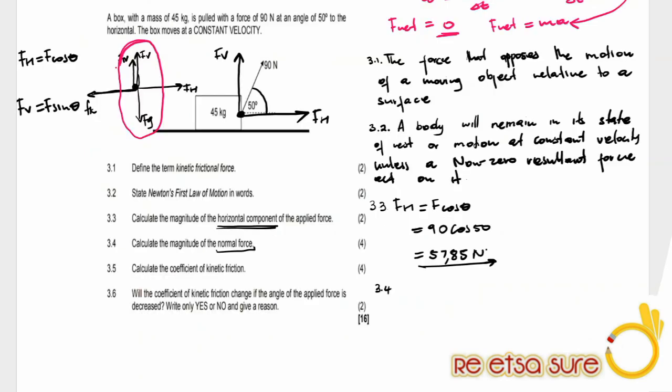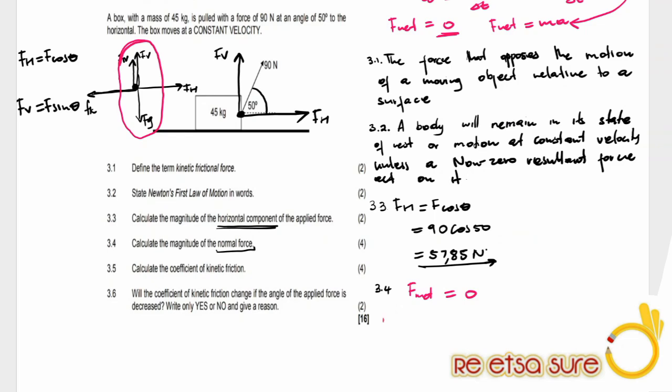So the first step that I'm going to do, I'm just going to say my F net for vertical is equal to 0. So now, how many forces are acting upwards?